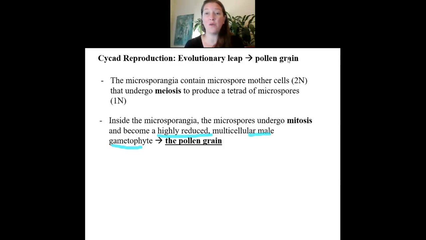We call it the pollen grain in cycads, in ginkgo, in the conifers, and we call it pollen grain in the angiosperms. So that's what the male gametophyte plant is now, pollen grain.